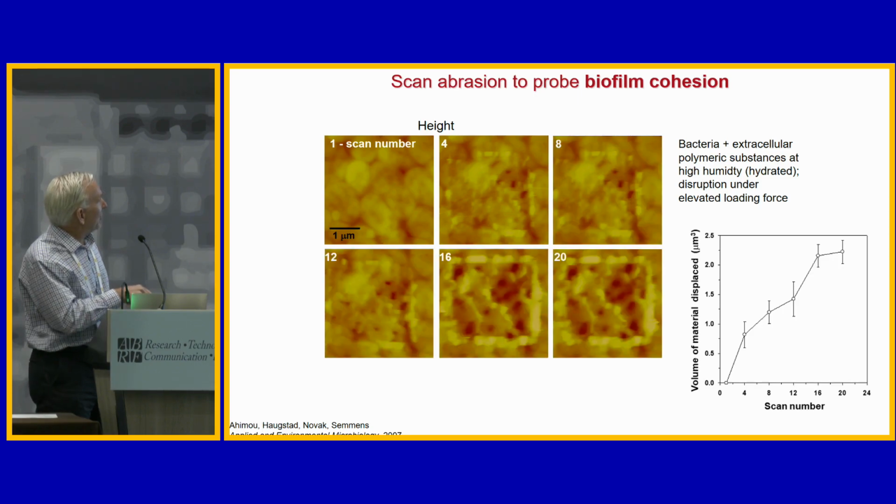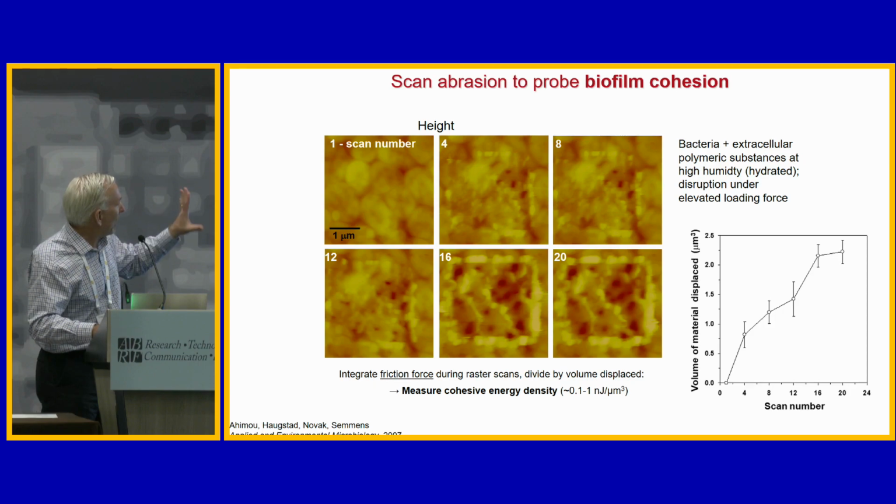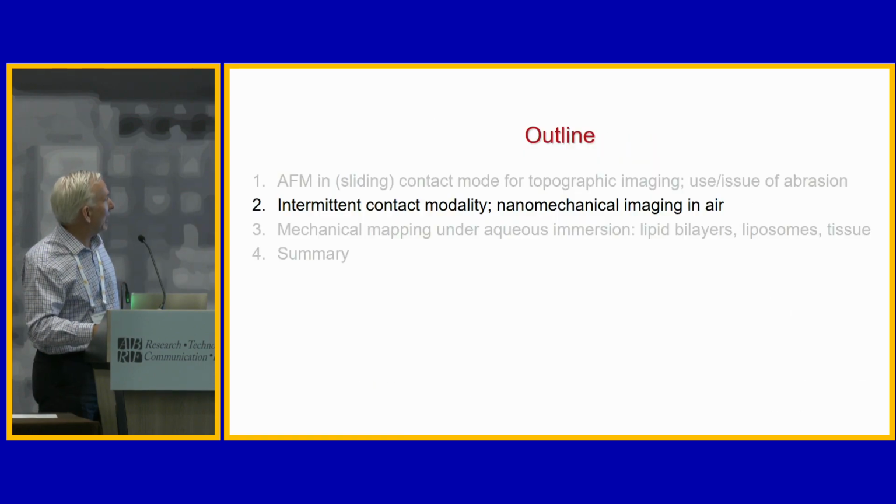If you do this a bunch of times, you can gradually dredge out a deeper trench. You can calculate the depth of that and the volume excavated. You can calculate how much frictional energy you've dumped into this to cause that much disruption, and thereby measure a cohesive energy density in the nanojoules per cubic micron range.